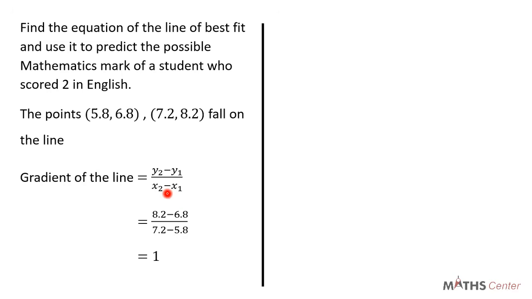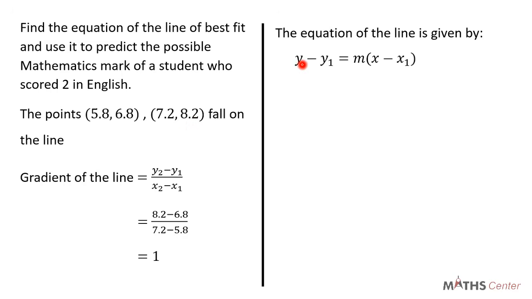Now, using this gradient and any one of these points, we can find the equation of the line by using the formula y minus y1 is equal to m into bracket x minus x1. m is the gradient of the line, which we have found to be 1. We need the coordinates of one point that falls on the line. Here I'm going to use 5.8, 6.8, so 5.8 will be my x1 and 6.8 will be my y1.